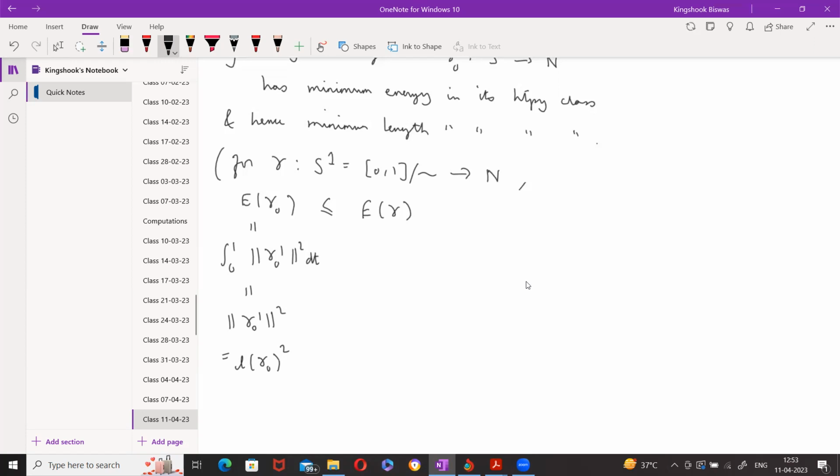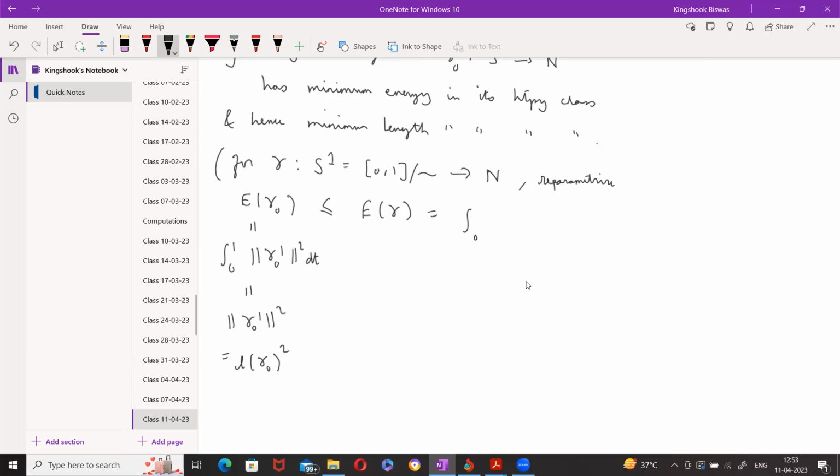So if I reparameterize to have constant speed... the energy is not invariant under reparameterization. So let me just see.